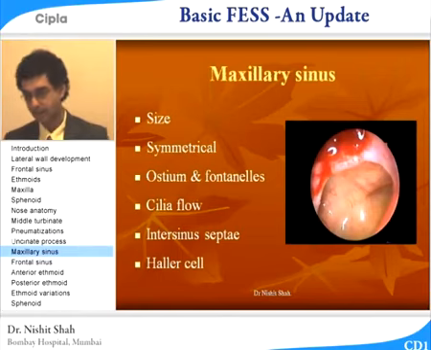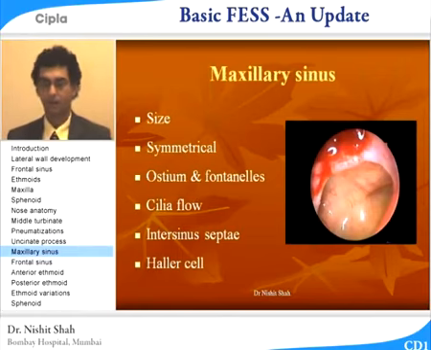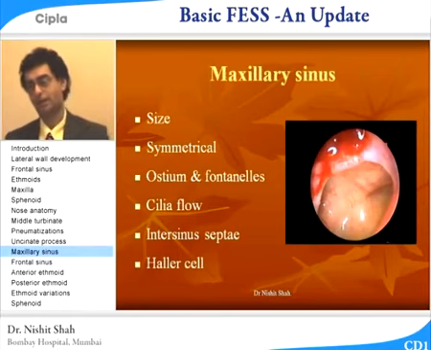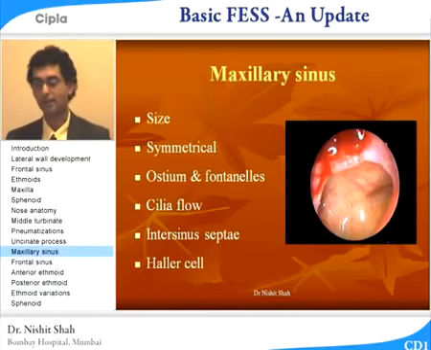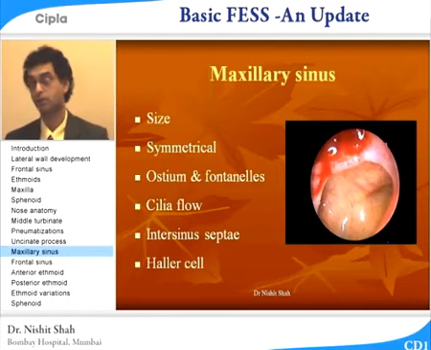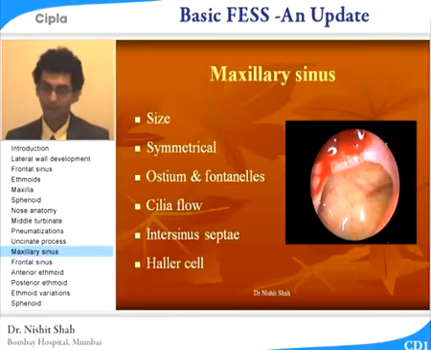Coming now to the maxillary sinus, the size is quite large. Both the sinuses are usually symmetrical. You have not only the natural ostium but also accessory fontanelles, usually the posterior fontanelle, which may form an accessory ostium. You must remember that the cilia flow is always towards the normal ostium, which is in the superomedial aspect of the sinus.